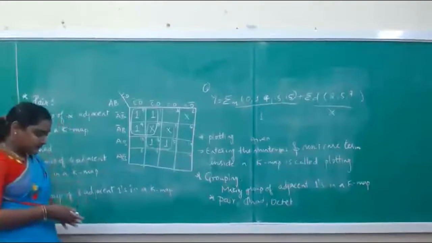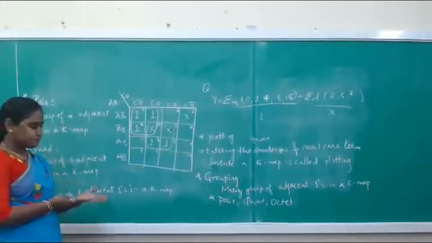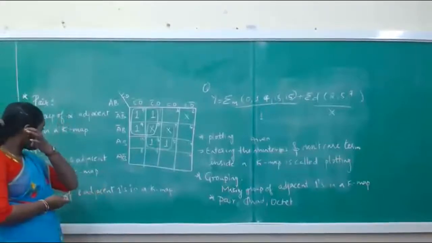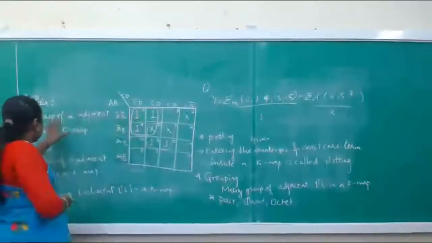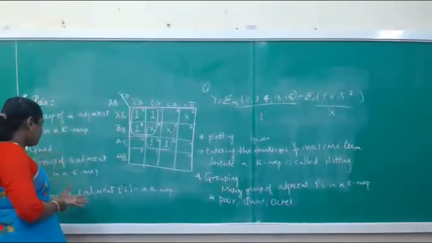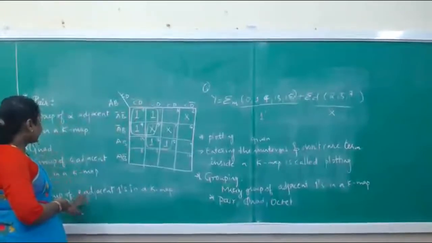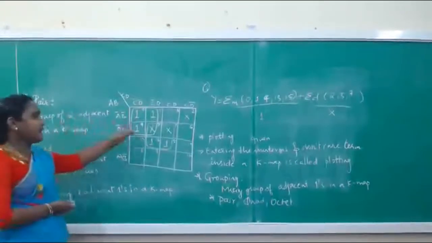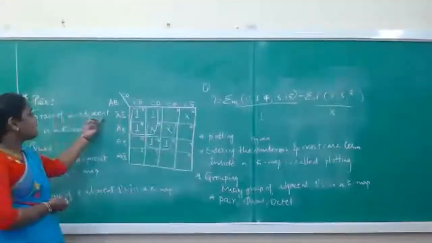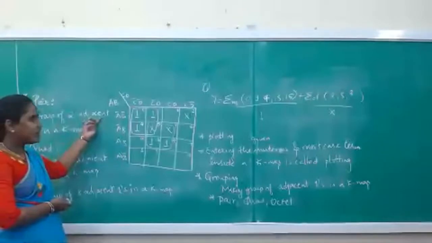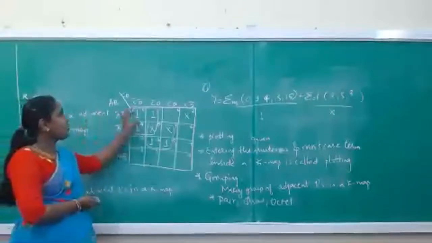You have to take certain measures while performing grouping in the K-map. The combinations of four ones or 8 ones or 2 ones should not be random. That's why they mention adjacent in the definition also. And the combination should be in rectangular form.